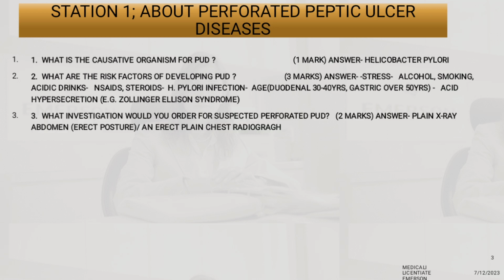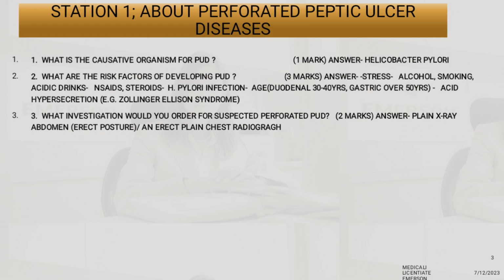Then what investigations? For the investigations, as long as you can see the air under the diaphragm, you can even do a plain X-ray abdomen. But I would prefer an erect plain chest radiograph, since it is specific for the air under the diaphragm.